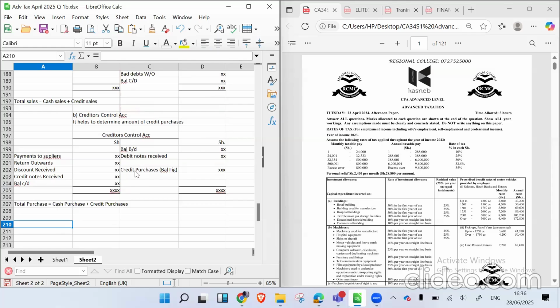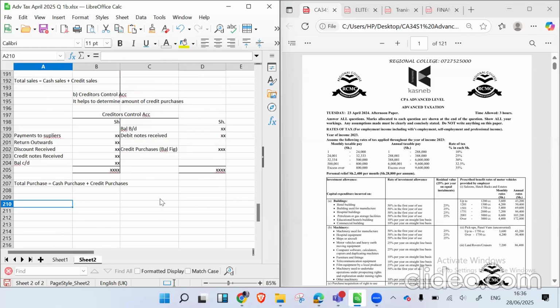Those are the two key accounts that are involved in incomplete records. After managing those two accounts, the question is as good as done. But on top of that, we also need to appreciate that after getting our sales and our purchases, we need to get the cost of sales.